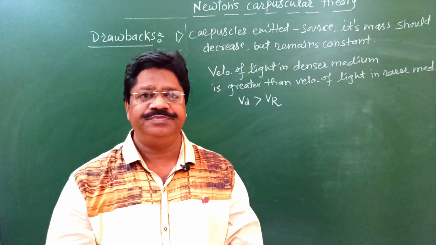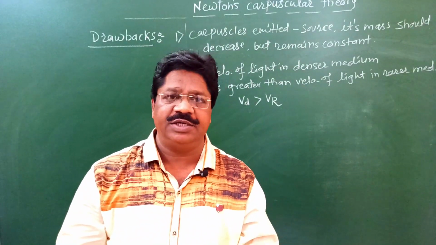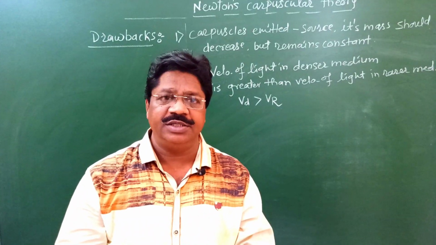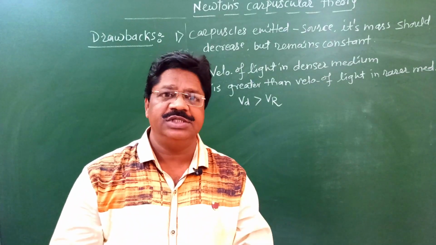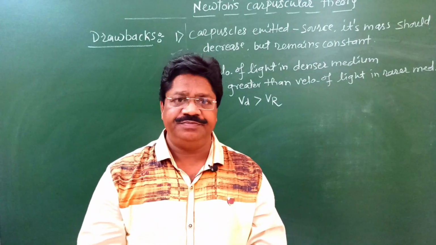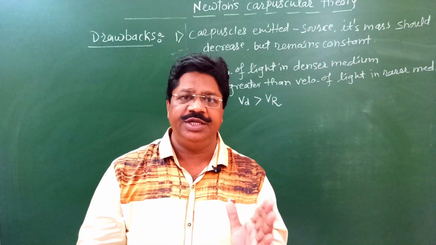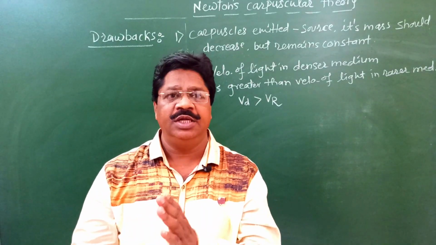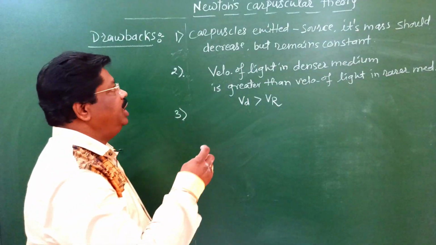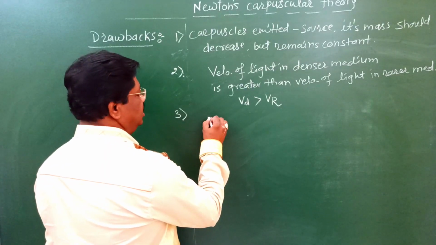During refraction, the particles of the refracting medium exert an attractive force and accelerate the corpuscles, and refraction occurs. But reflection and refraction at the same time, called simultaneous reflection and refraction, could not be explained by Newton, and this is the third drawback of Newton's corpuscular theory.